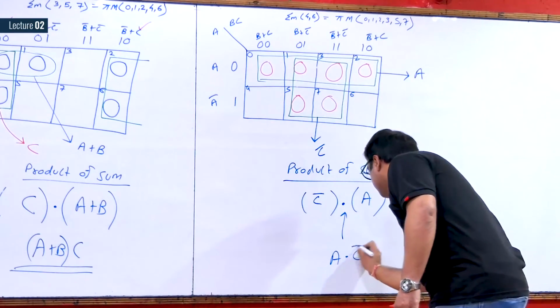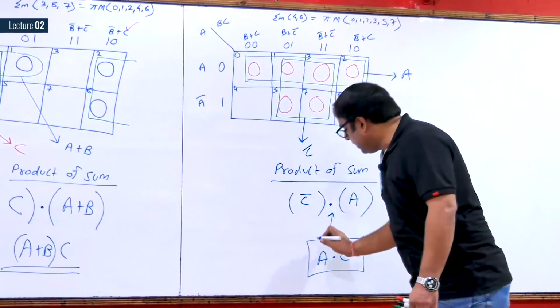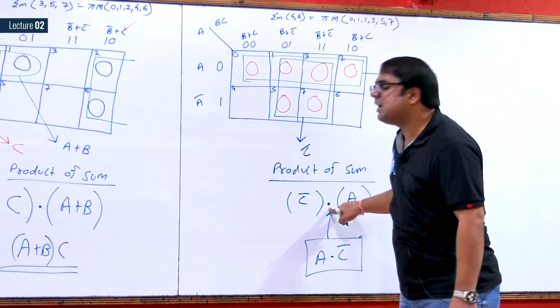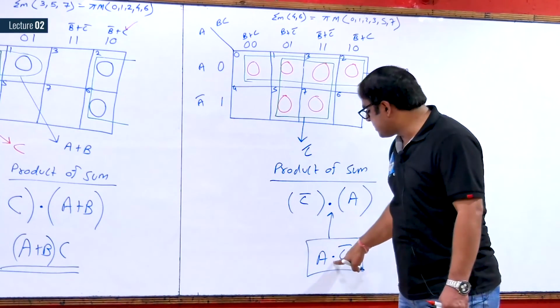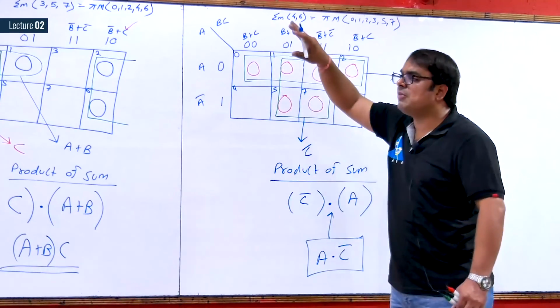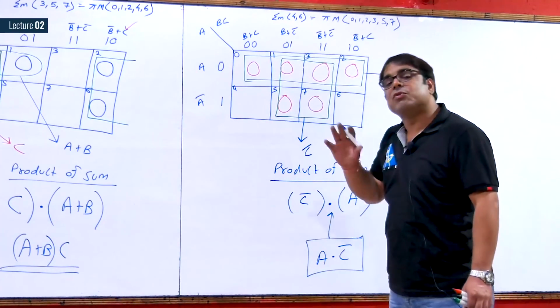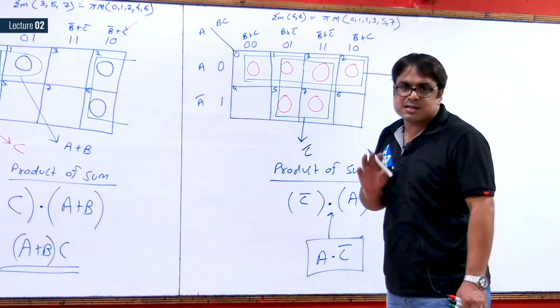So the answer is A dot C complement. So in this part we have discussed maximum possibilities for 3 variable K-map for both SOP and POS as well.